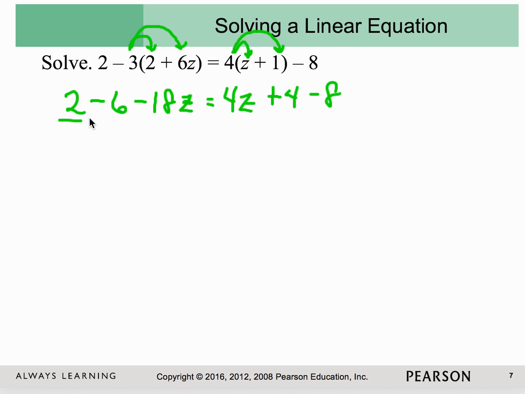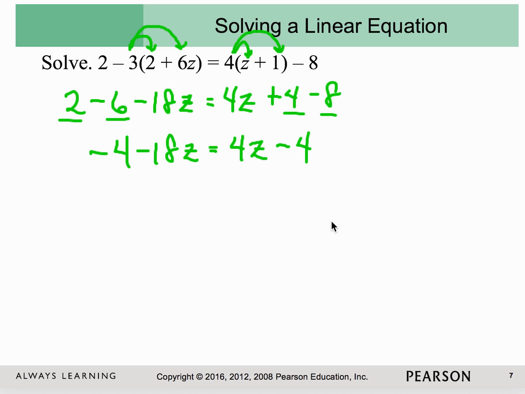Do any simplifying you can do on each side, and I've got a couple of constants here, so I can combine those. 2 minus 6 is minus 4, minus 18z, and constants over here, no other z terms, so that's going to stay the same. 4 minus 8 is minus 4.